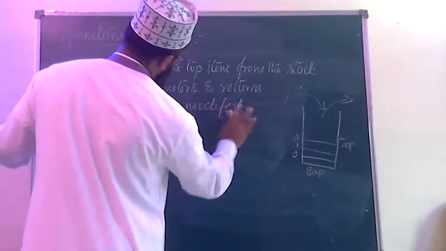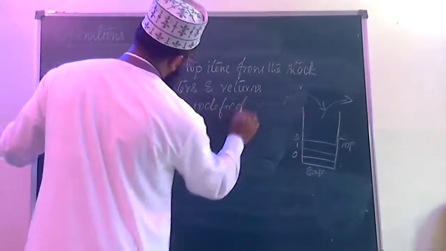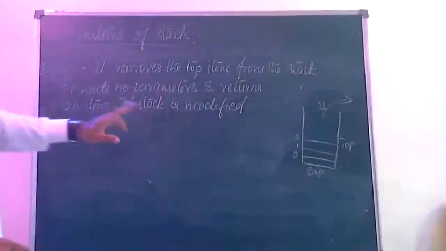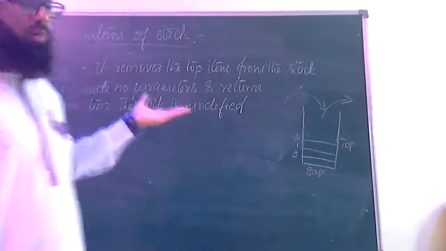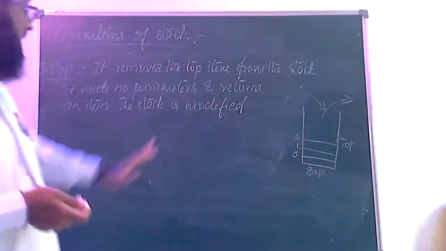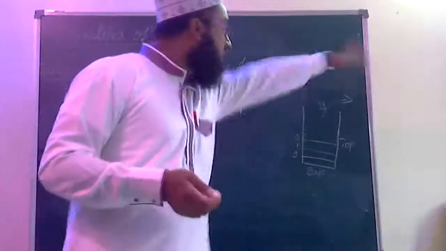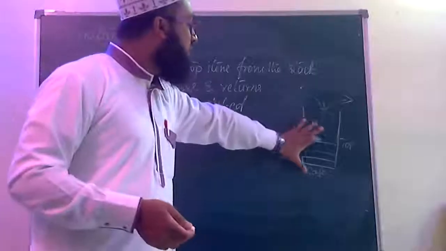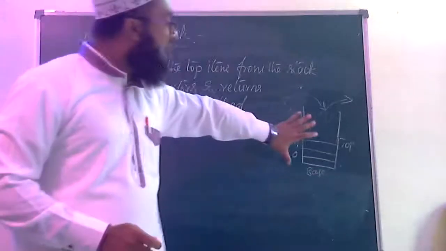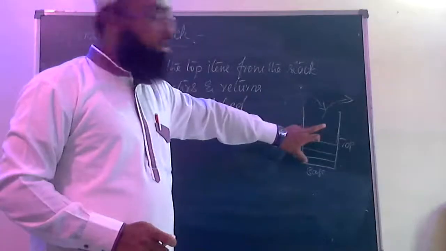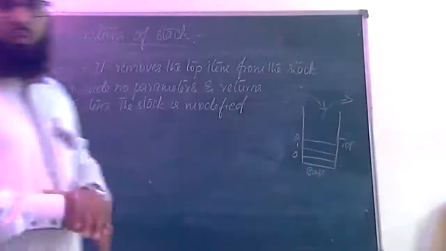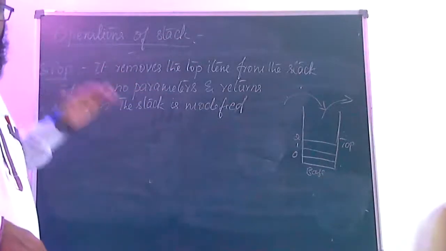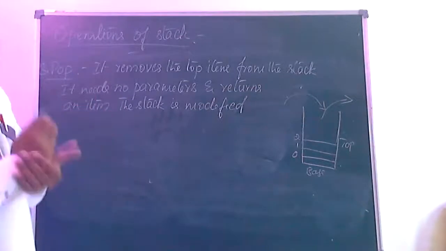See, here it removes the top item. I have removed the item. It needs no parameters because the item is already there in the stack, and it returns an item. It will return it back. The stack is modified. Modified means changes are done in the stack because the item has been removed from the stack. That is, the stack is modified.